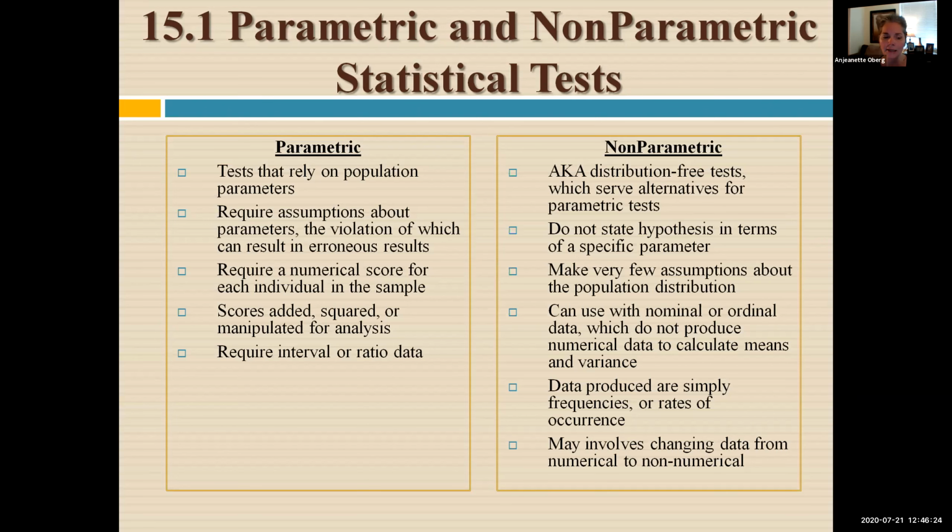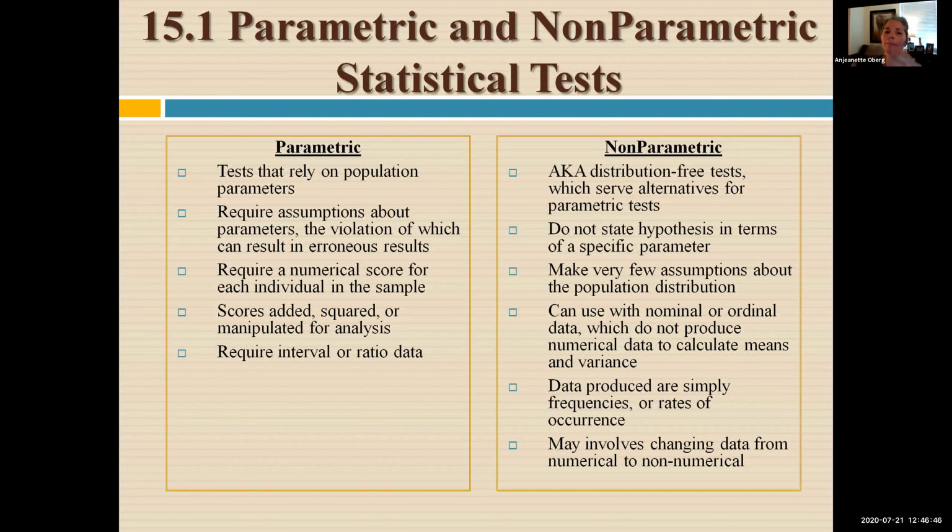interval or ratio data. So what we do is we manipulate those numbers, and I don't mean manipulate as in fake or in any way try to misrepresent, but what I mean is we move them, we do calculations with them, we add them, square them, multiply them.